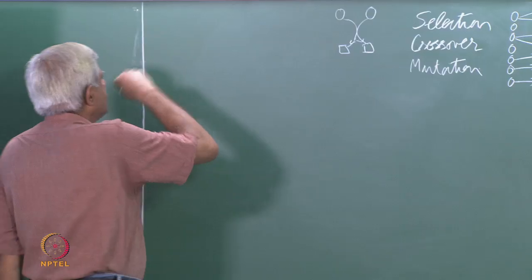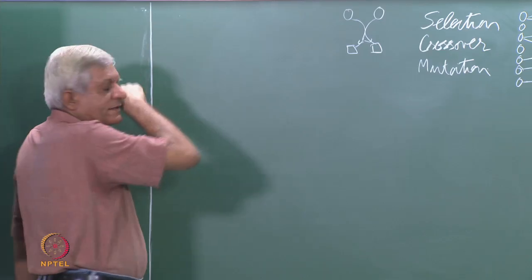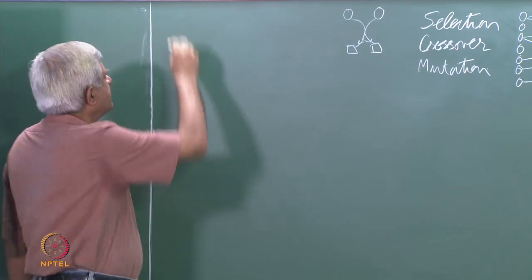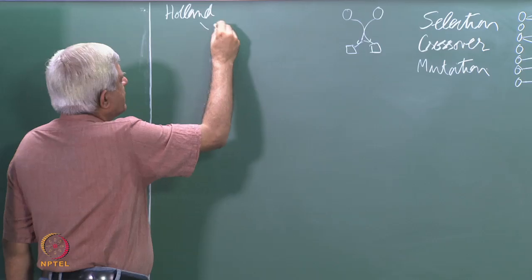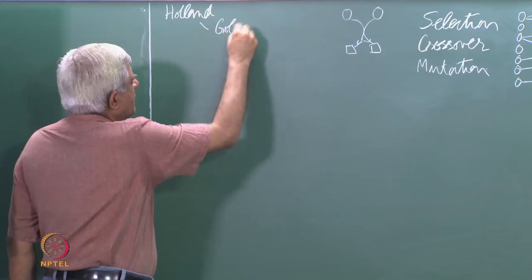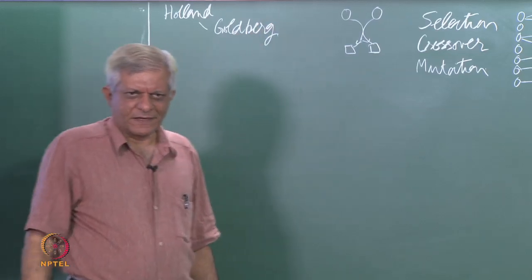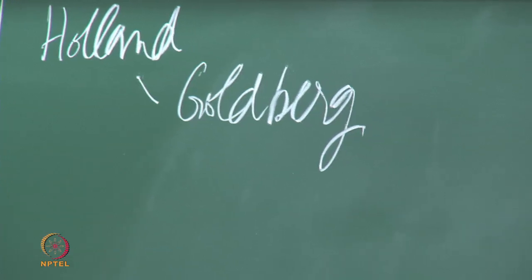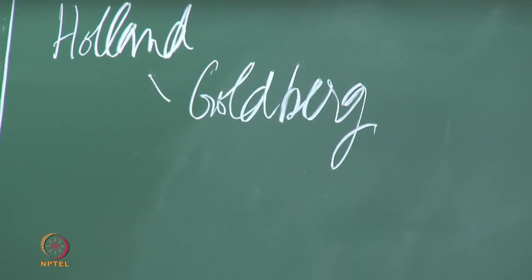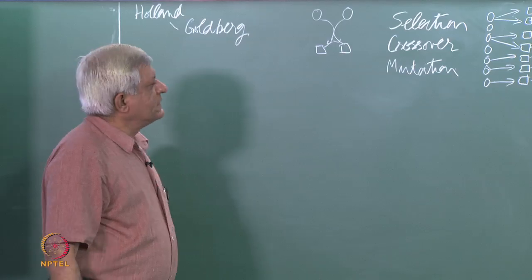Remember I had told you that genetic algorithms were devised by somebody called John Holland, and his student David Goldberg has written this very popular book on genetic algorithms. This is from the first, introduction chapter of his book, and it is a nice example and I like it because it illustrates the whole idea of GA quite nicely.